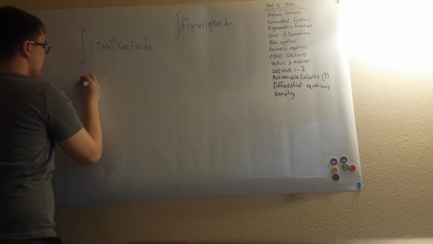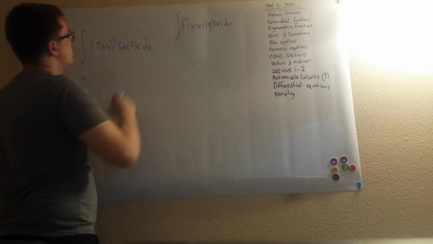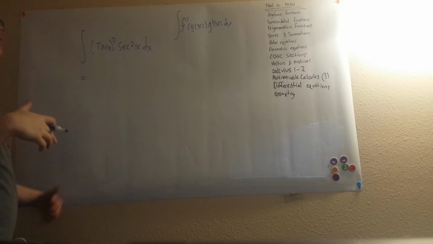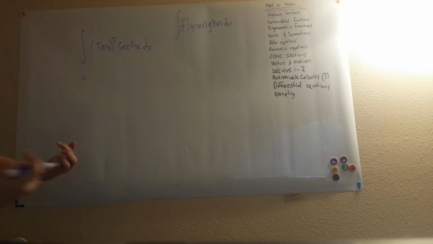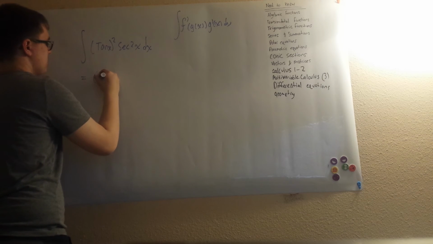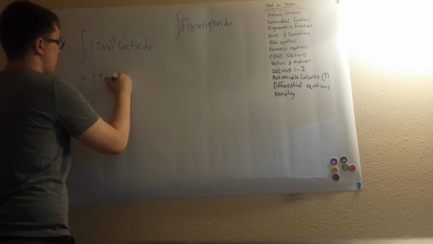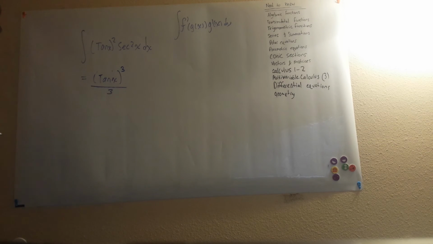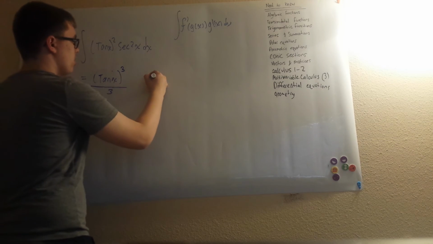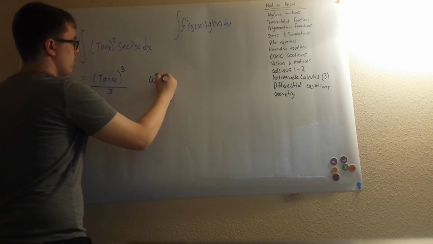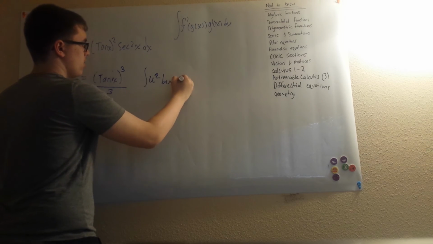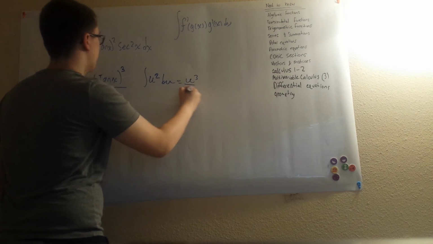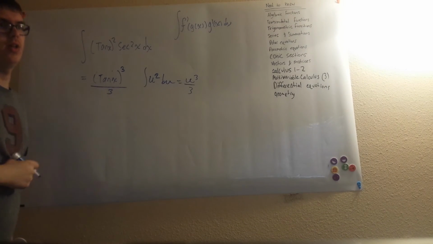So what's the antiderivative of something squared? Well, it's that something to the third power over 3, right? Remember when we did u over... Well, we just have the tangent inside that u, right?